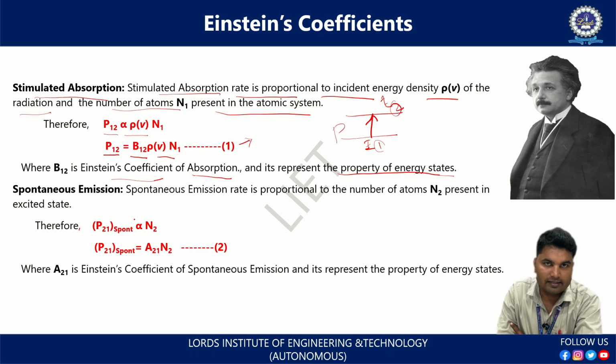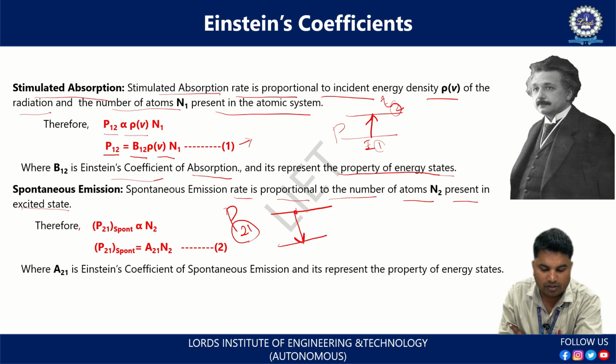Let's see spontaneous emission. The spontaneous emission rate is proportional to the number of atoms N2 present in the excited state. So here P21 is giving a clear indication that the atoms which are present in the higher energy state are coming down to the ground state. So the transition from 2 to 1 is given as P21. So P21 spontaneous emission is directly proportional to N2.